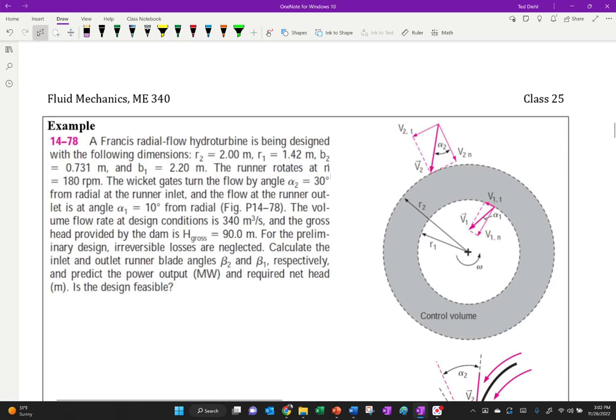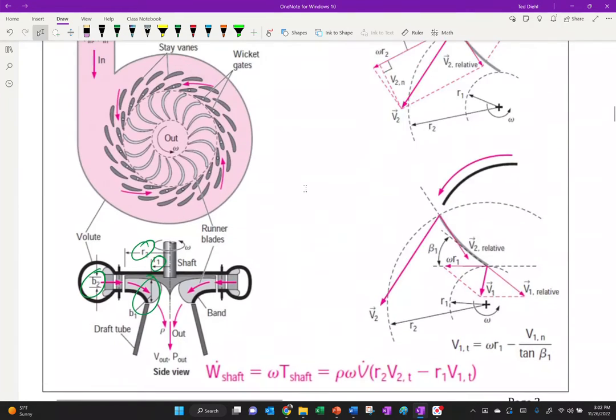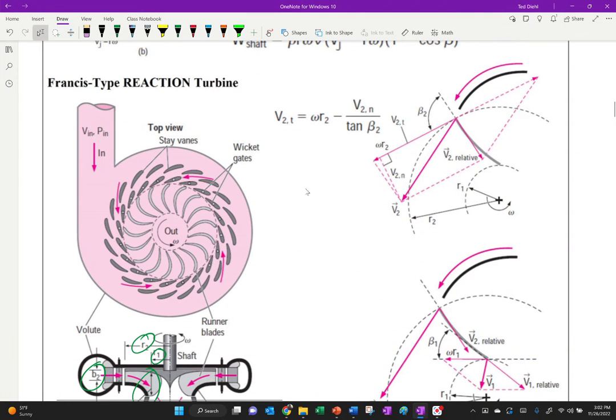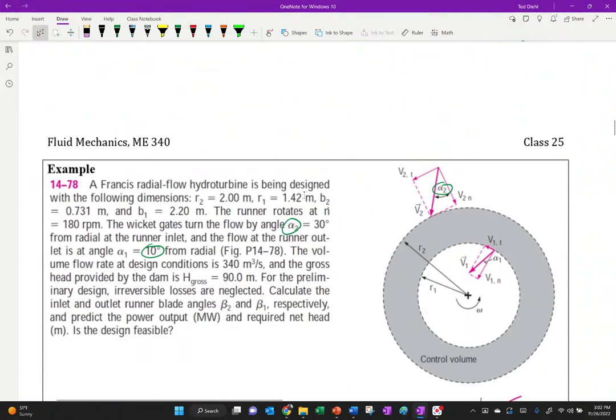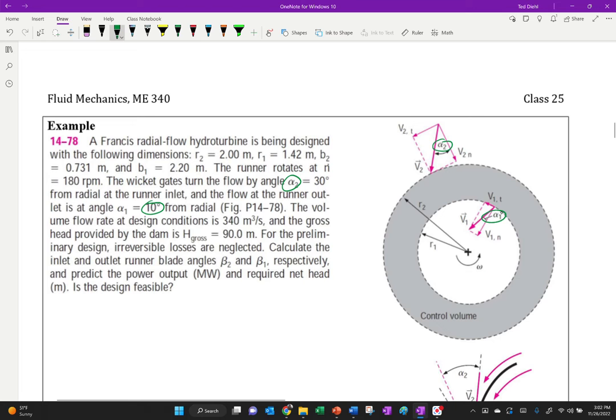And the runner rotates at 180 RPM, and the wicket gates turn the flow so that alpha 2 is at 30 degrees and alpha 1 is at 10 degrees right there. So you can see that's the angle at which these things are coming in here and coming out right there.